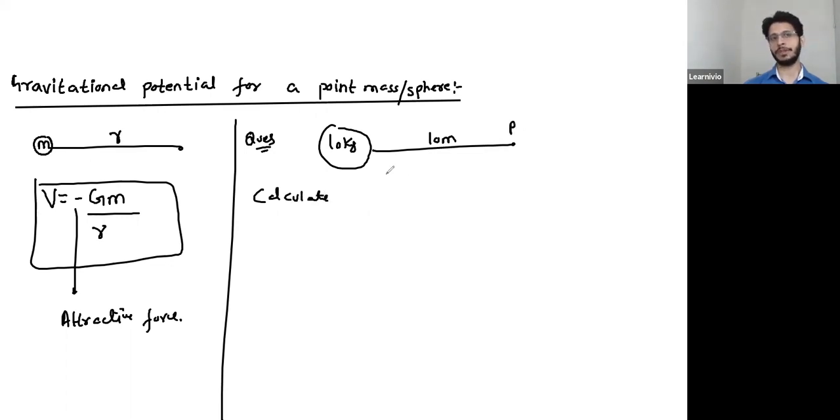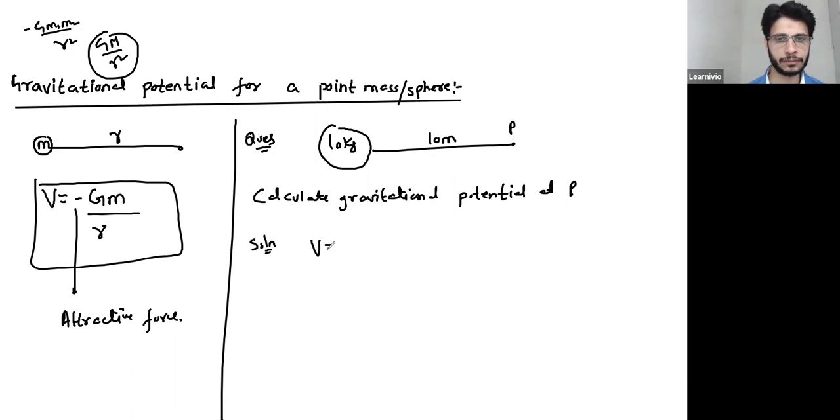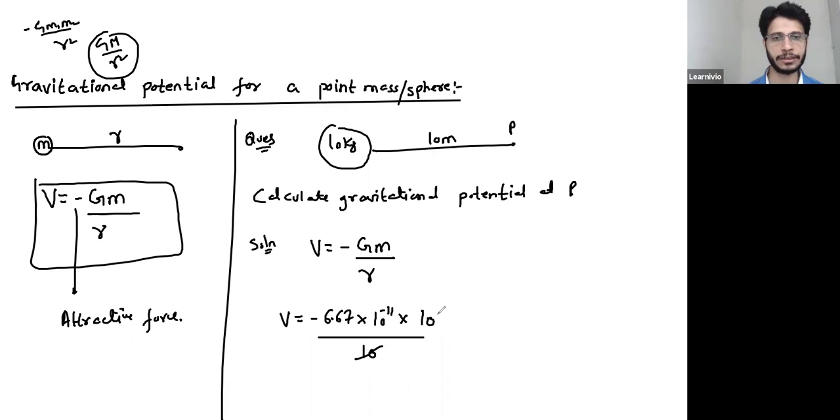Let's call this point P. Calculate gravitational potential at P. So minus 6.67 into 10 raised to the power minus 11, your mass is 10 kg divided by r, which is 10 meter, gets cancelled out. So potential is simply minus 6.67 into 10 raised to the power minus 11 joule per kg.